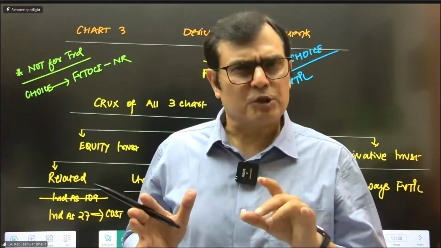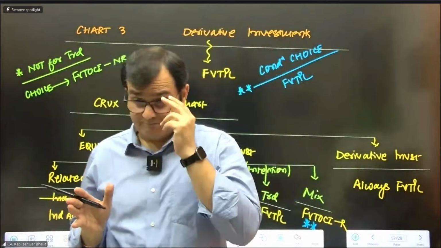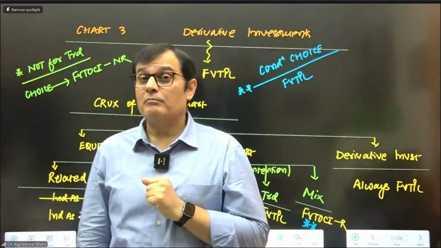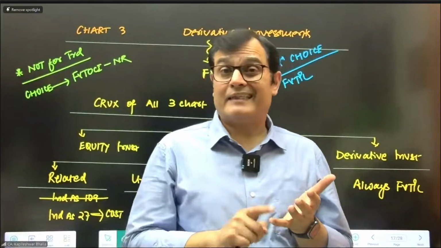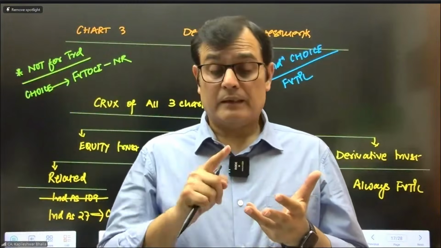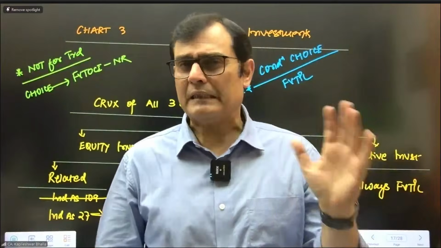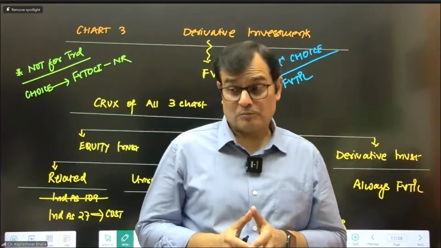You want me to first make a chart or first do the questions and then make a chart? Because we've got combinations of investments: debt investments in 3 categories, AC, OCI, PNL, and equity investments in 2 categories, that makes it 5. Derivatives is FVTPL, that's fine. So you want me to first make a chart or do some questions at the beginning?